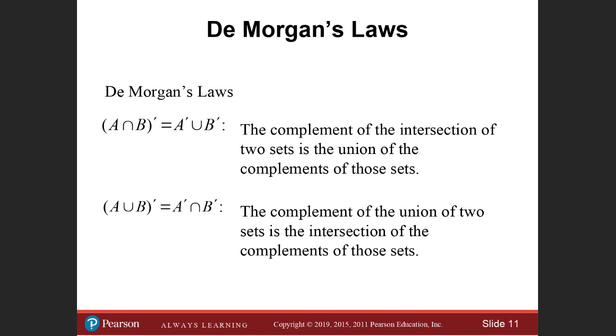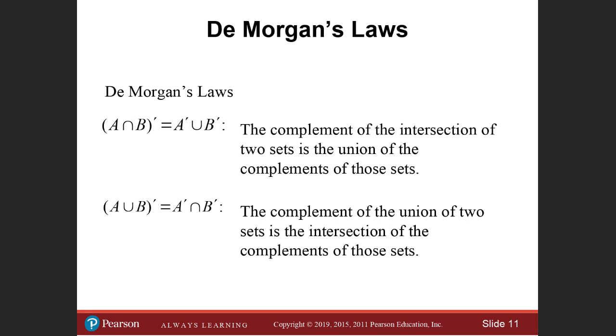One of the important theorems in set operations is De Morgan's laws. First, we have to review the symbols.